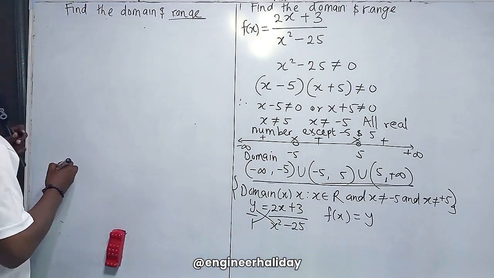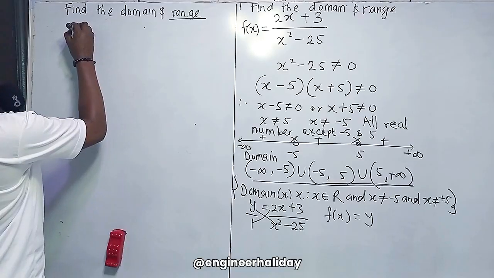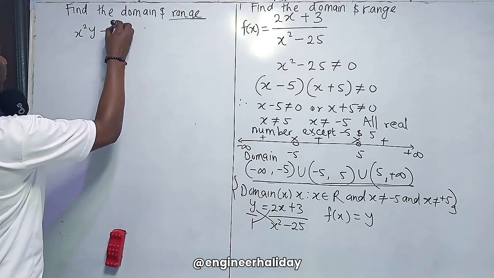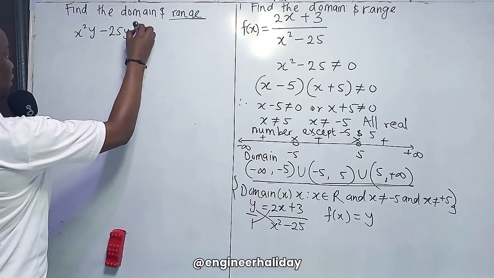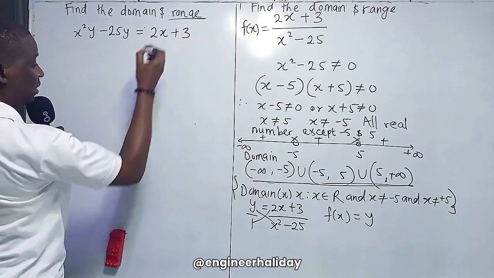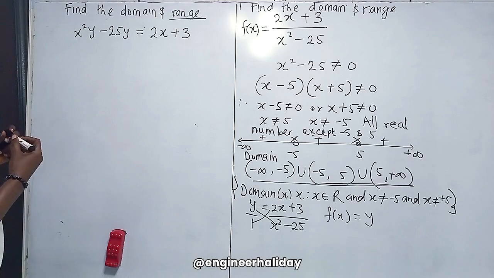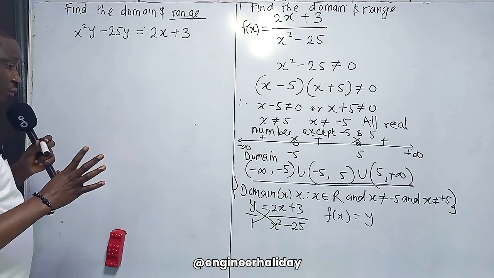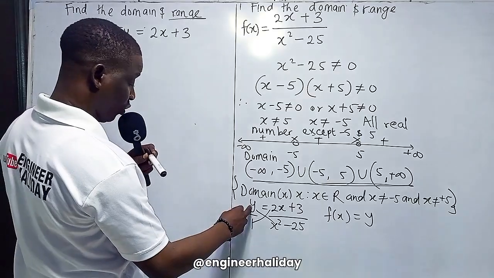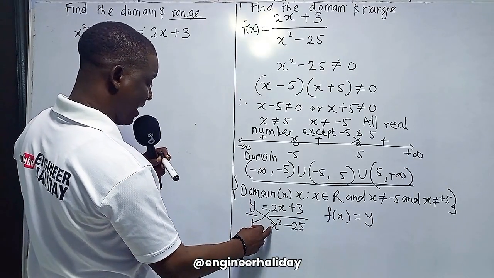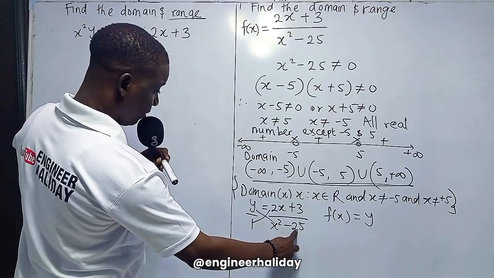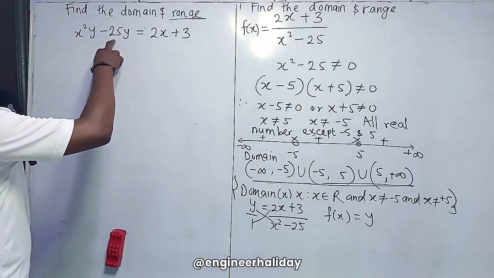So what I want to have now is x squared y minus 25y equal to 2x plus 3. What we have done is just to cross multiply: y multiplied by x squared, it was x squared y, then y multiplied by minus 25, we have minus 25y.